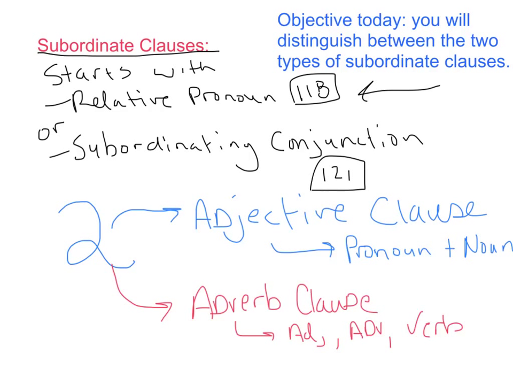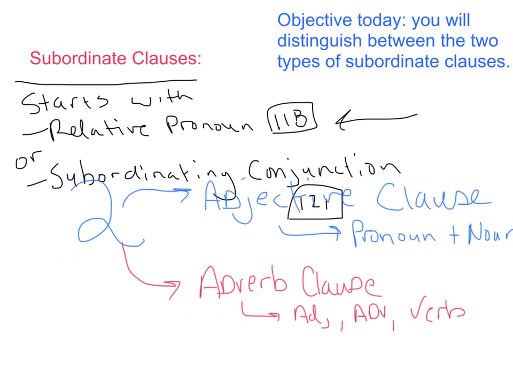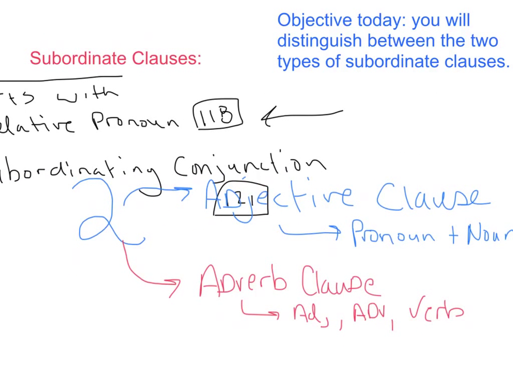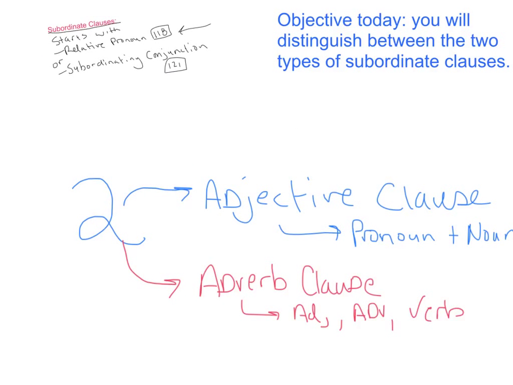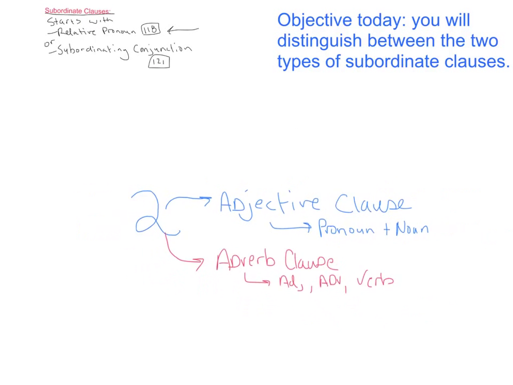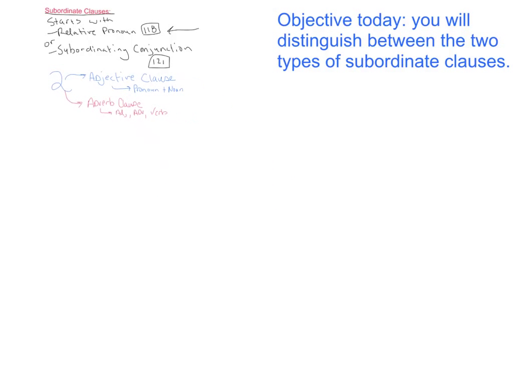But first things first, I've got to shrink this down and put it up in the corner. Hopefully you've written those down. If not, they're still up there. Now, let's go ahead and start with this. Remember how I said that subordinating clauses start with these 2 things?